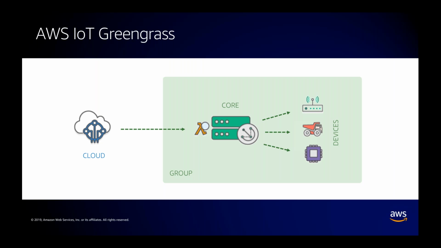cloud. So once you've trained your neural network model and you've exported it, you can deploy this as a resource to the core, and then the core can use this model as part of a Lambda function to interact with the devices. So you may have a camera in one of these devices, which will interact with the core. It will run the neural network model on the device on edge without ever having to go back to the cloud.